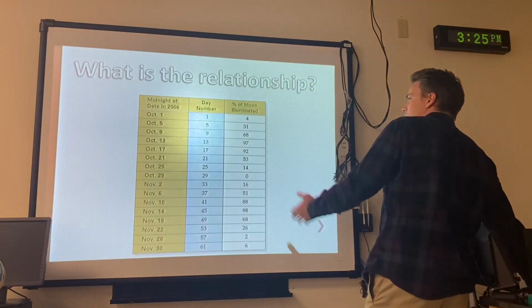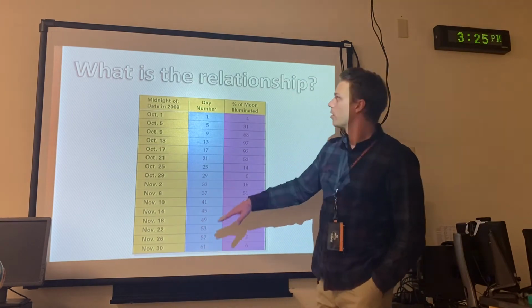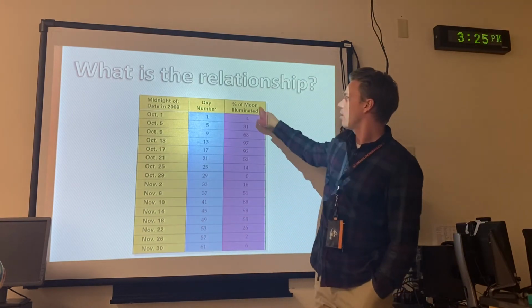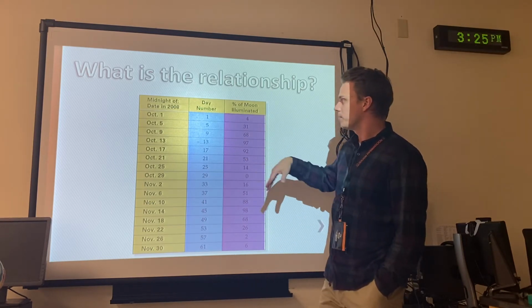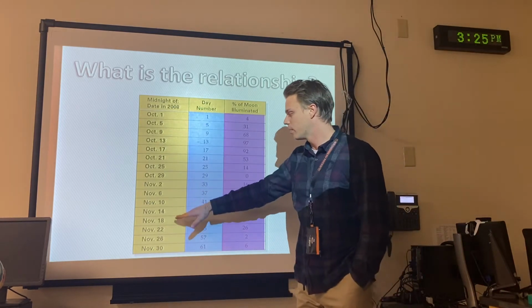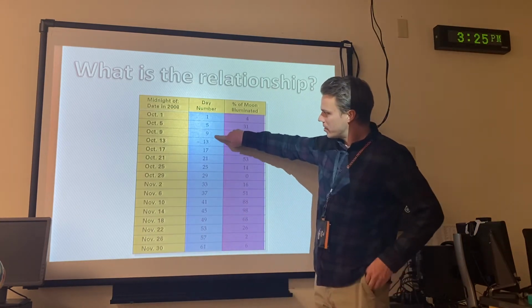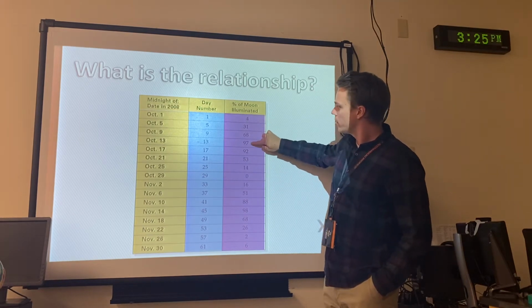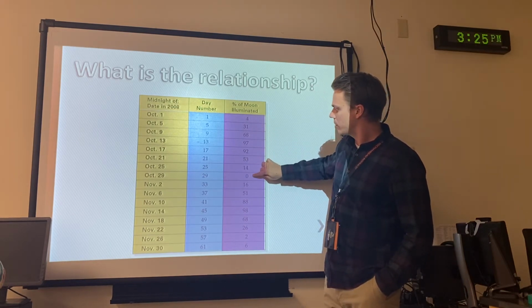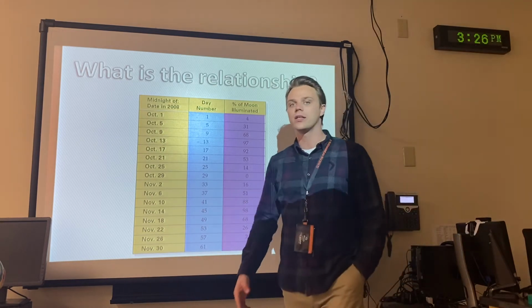Again, we have the number of days for the percent of moon illuminated. If we look between October 5th and November 30th, as the days increase, the percent of moon increases, then decreases to 0, then increases, then decreases, and we see a cycle again.